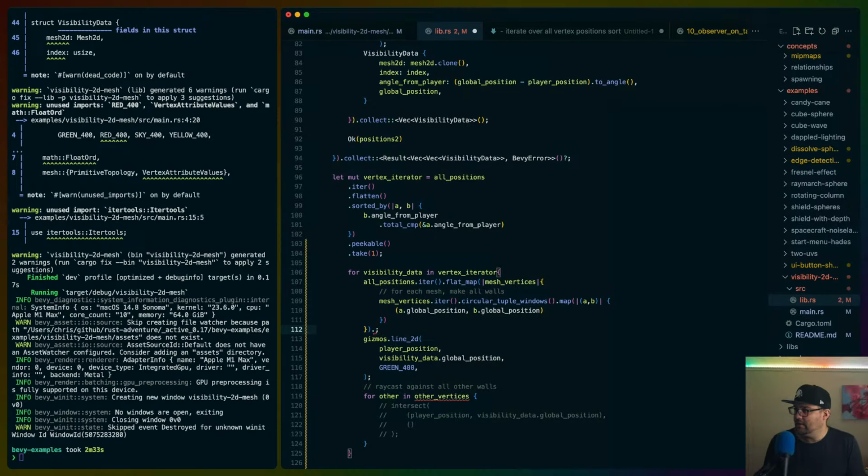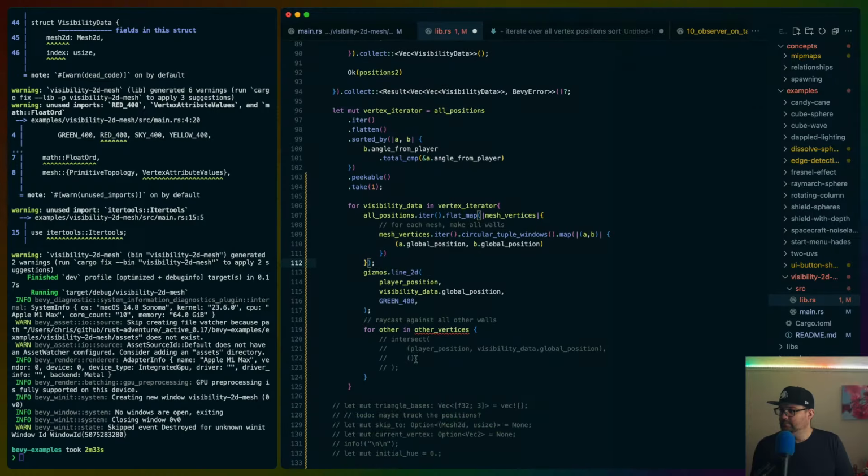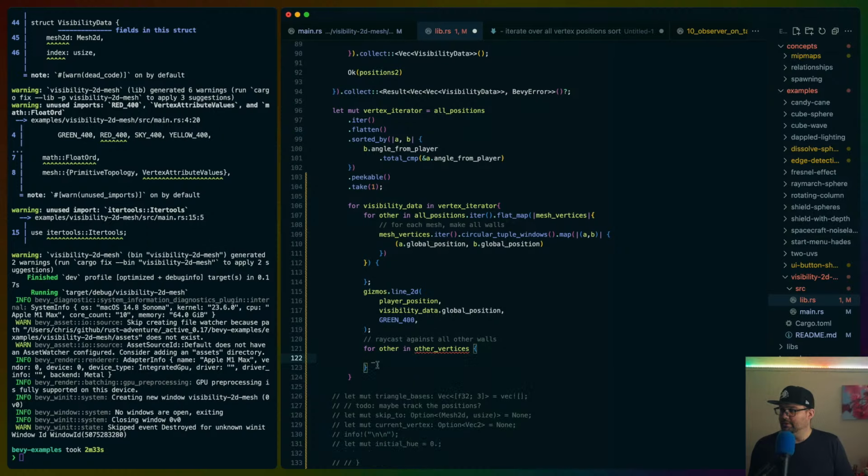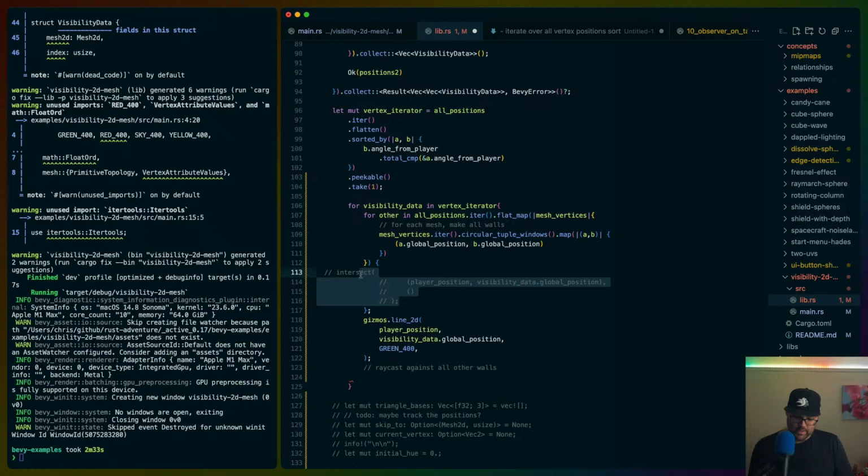So we can then do this loop up here. Right, so we've got that line. We're going to pull up our intersect function. Throw it in here. This is going to be other.